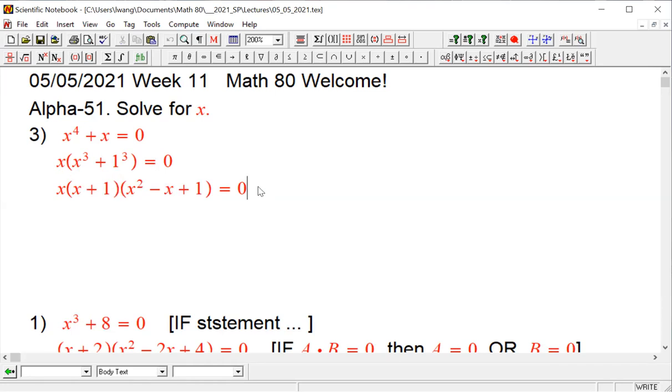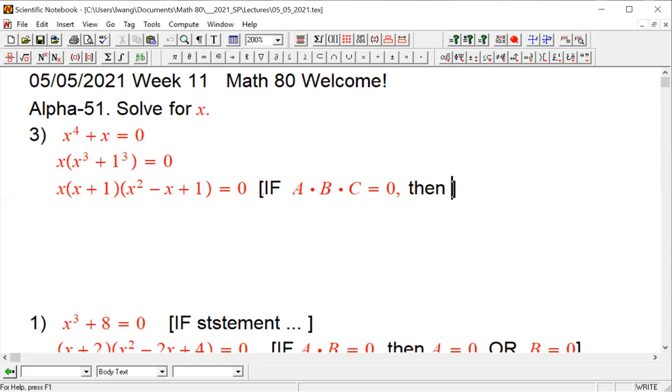And this obviously will remind us of that principle, which is A times B times C equals to 0, right? If the product of 3 numbers equals 0, then of course we know what to do next, right?